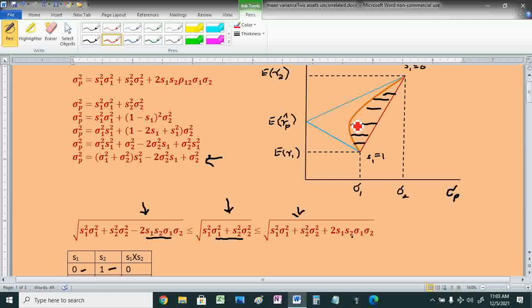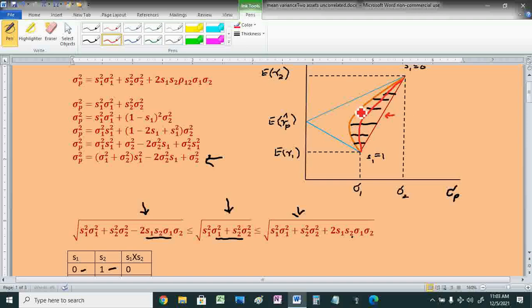If the correlation between the returns on two assets is between 0 and 1, this means that we will be having a portfolio possibility frontier which will have this same sort of shape but a little bit inside, or towards the portfolio possibility frontier associated with rho 12 equal to 1.